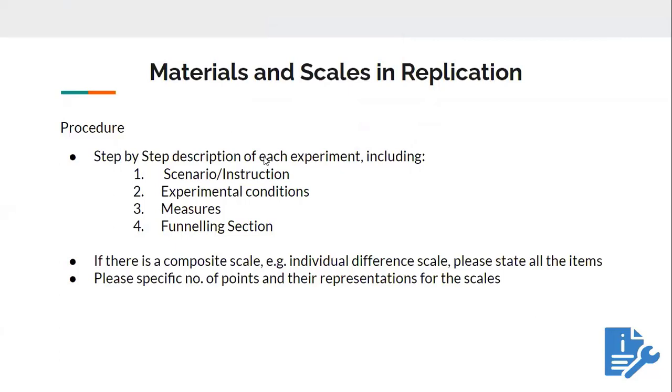Now we move on to the materials and scales in the replication. You will need to describe the step-by-step procedure of each experiment. This includes the scenario or instruction, the experimental conditions. What are the conditions? Do participants complete all the conditions, or are they randomly assigned to one of the conditions, as well as measures?